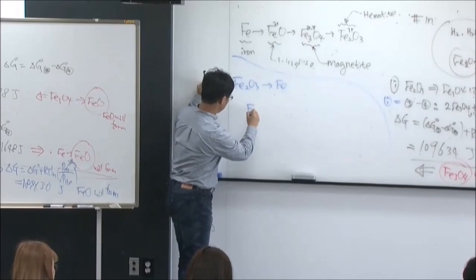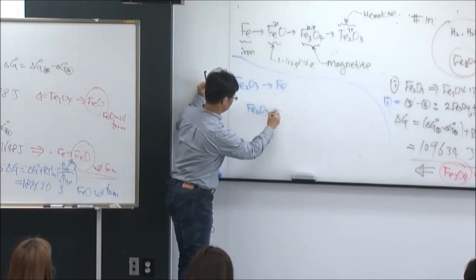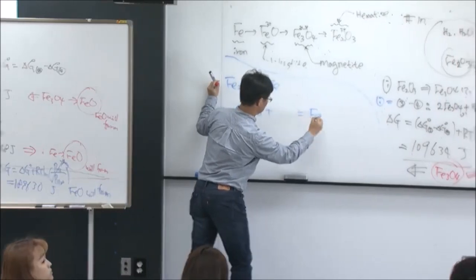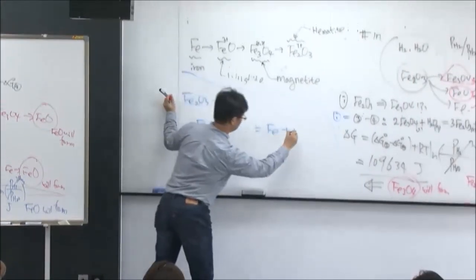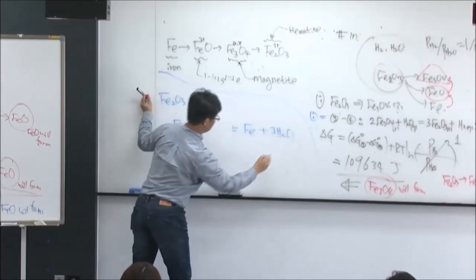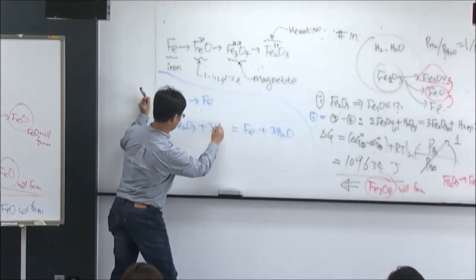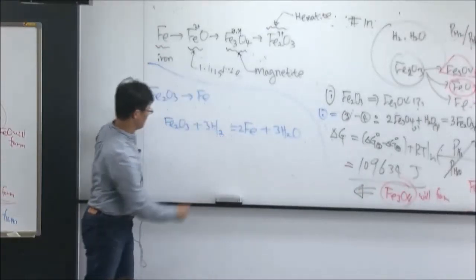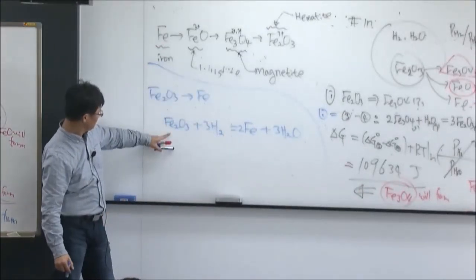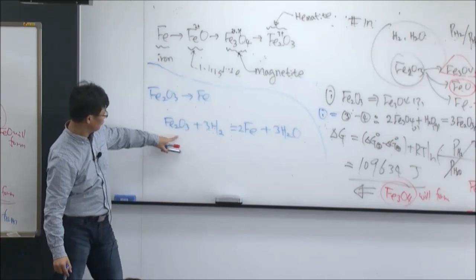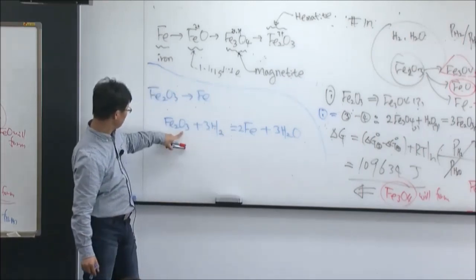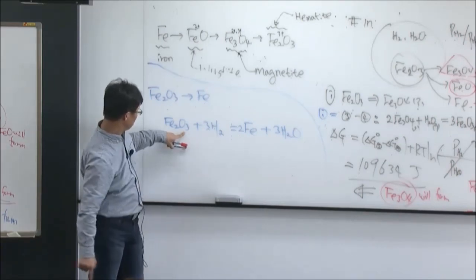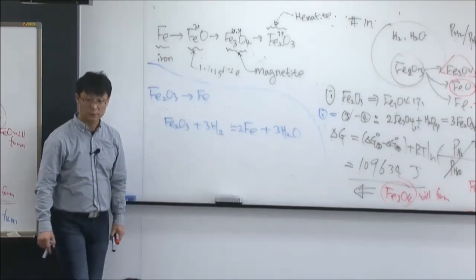So this will be Fe, so in making mass balance, 2 moles of Fe, 3 moles of oxygen. So 3 moles of oxygen. Yeah, okay? This makes sense?